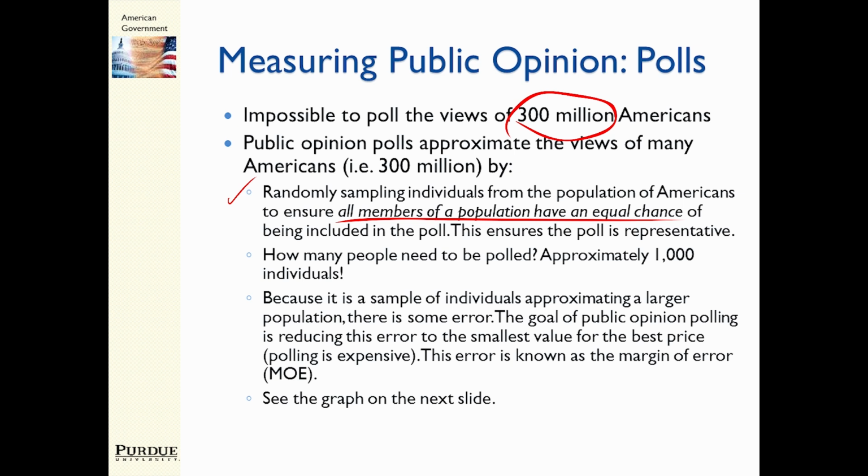So if there are 10 members of a population and you want to know how those 10 members think, but only want to poll 3 members of that population, what you would do is drop all 10 names into a hat, shake up the hat, and then draw out 3 names randomly. And those 3 names would be the ones that you would ask questions in a public opinion poll. That is what a public opinion poll is trying to do: take from that smaller sample back to the larger population.